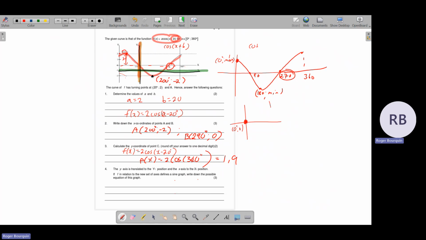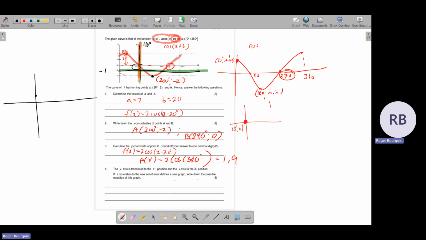So this is 110 degrees, and that's -1, right? You with me? So from this new axis, from this point over here, I've got a graph that does this. It goes through something over there. This is 110. To get from 110 to 200, what have you moved through? 90, right? Okay.